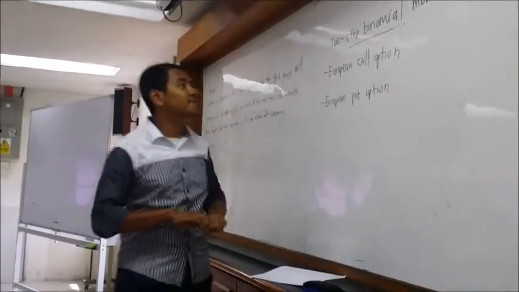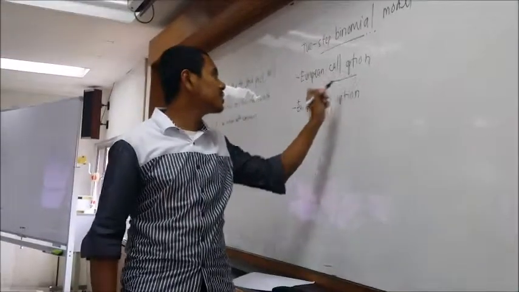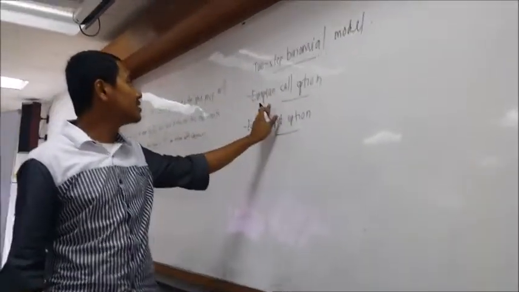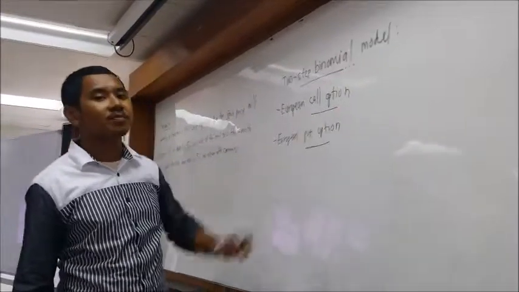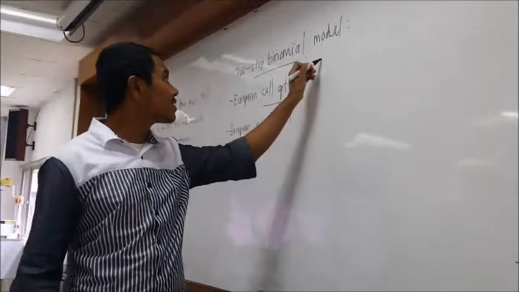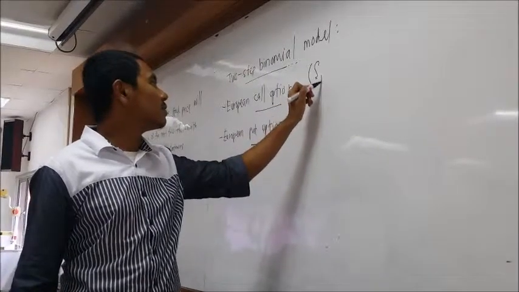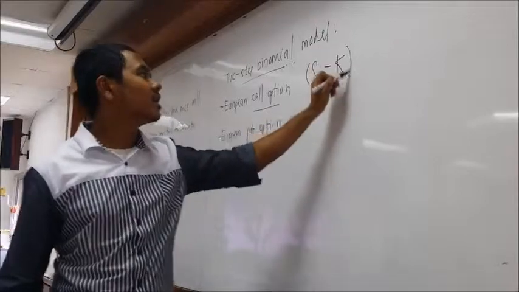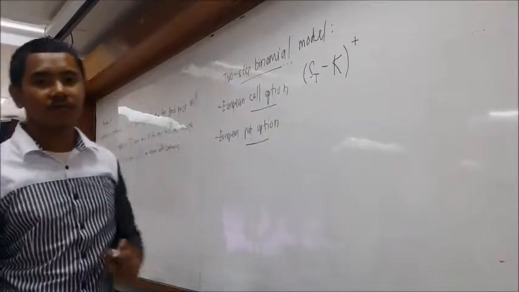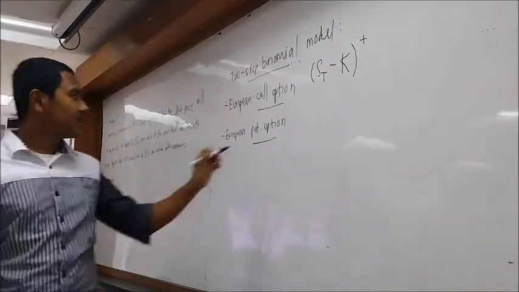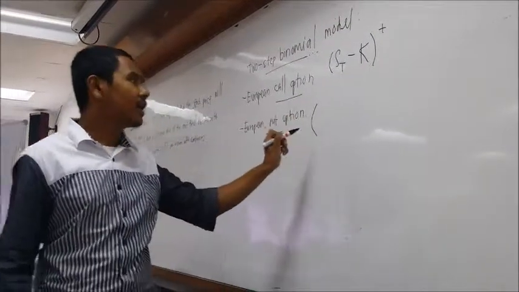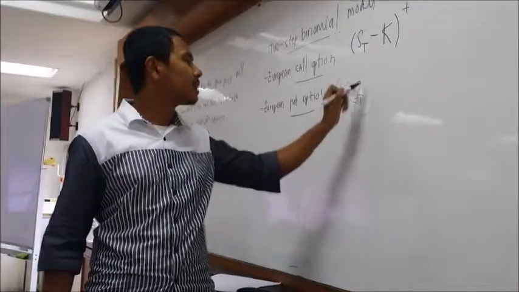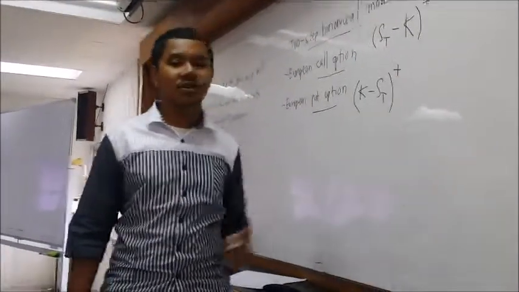What is the difference between them? First, the European call option is when the stock price minus the strike price gives a positive value. But for the put option, the strike price minus the stock price gives a positive value.